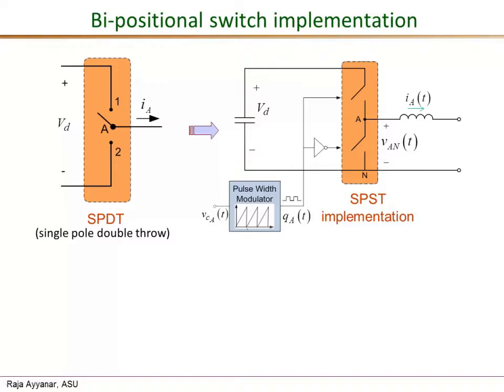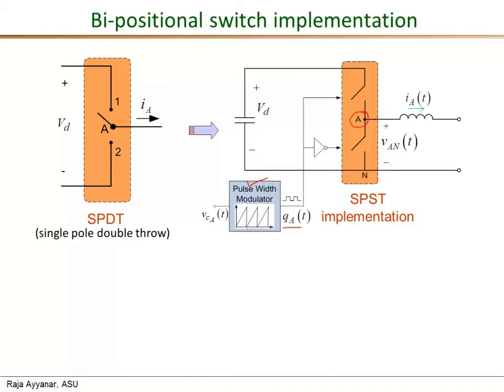In later videos we'll learn about this PWM block, and much later we'll also look at how to design the controllers. The output of the PWM block is the switching signal, and we call that Q sub A. Q stands for the switching signal, and the suffix A corresponds to pole A. If there are multiple poles in a converter, then we will have QA, QB, and so on.